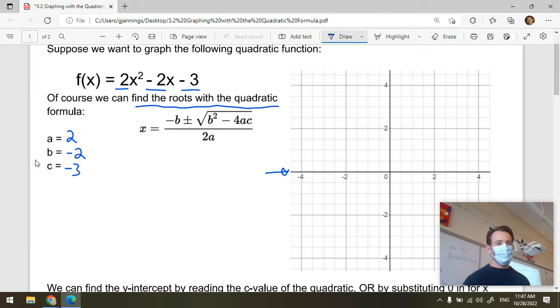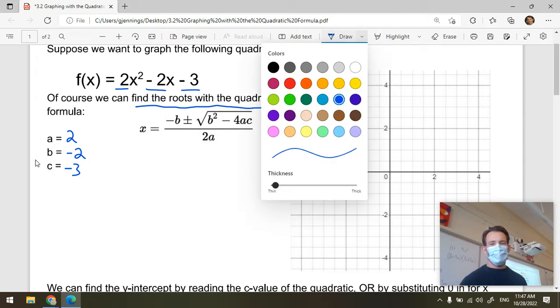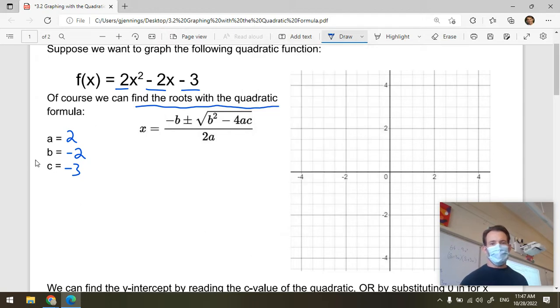I completed a little chart to help me with my substitutions, and now I can get started on the quadratic formula. I know that x is going to be equal to, copy out the formula first, but I helped you out here by putting it in.